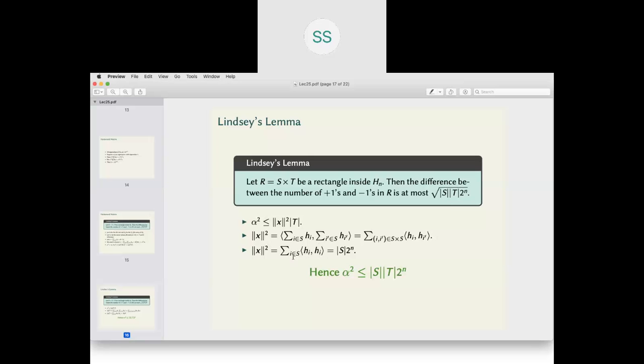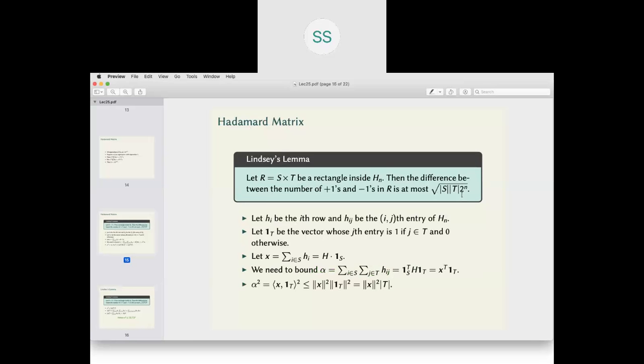And we are adding 2 power n for each I in S. So we have size of S times 2 power n. And substituting this back to the top line, we have alpha squared is at most 2 power n times size of S times size of T. And hence alpha is at most square root of S times T times 2 power n. And that is the difference between the number of plus ones and minus ones.